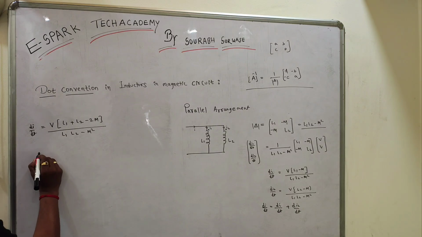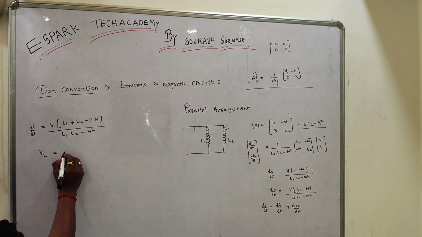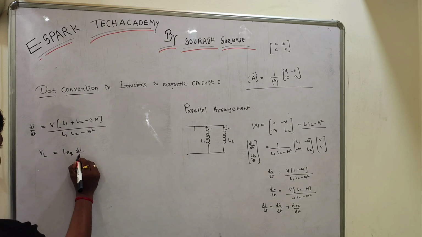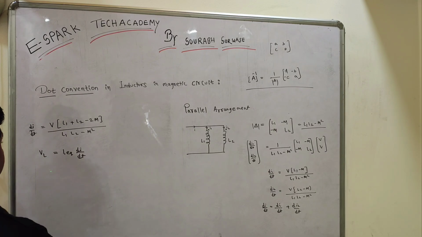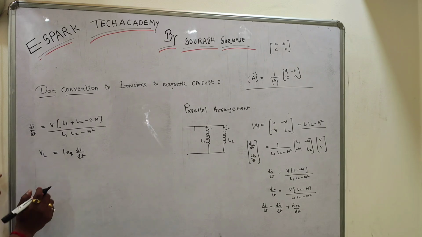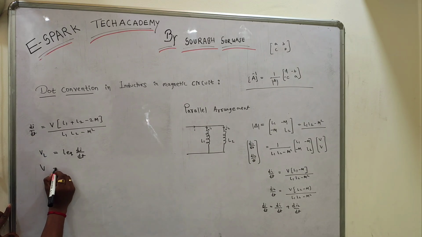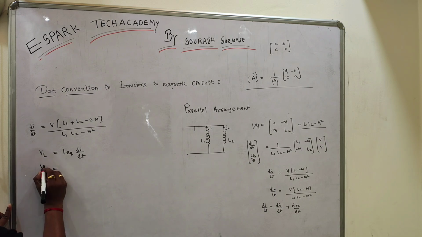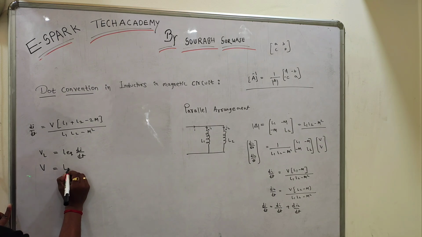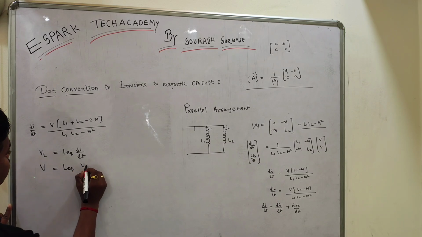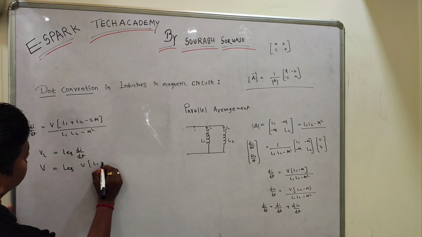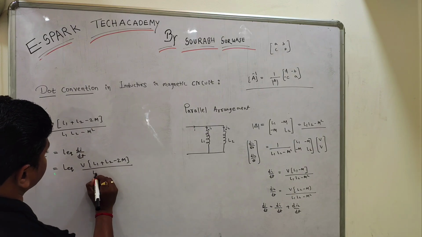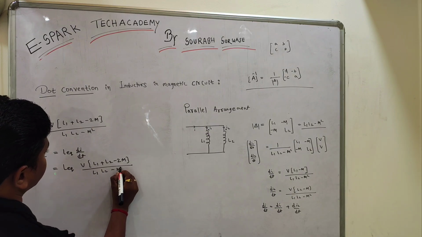Now we know that VL, the voltage across the inductor, is nothing but L equivalent di by dt. By substituting di by dt in this equation, you get V equal to L equivalent into V times (L1 plus L2 minus 2M) divided by L1 L2 minus M square.